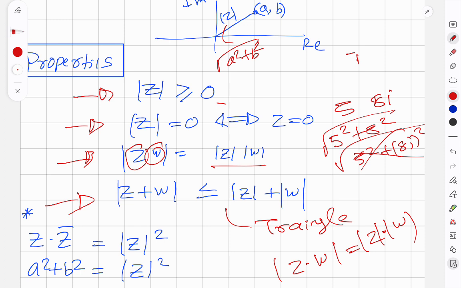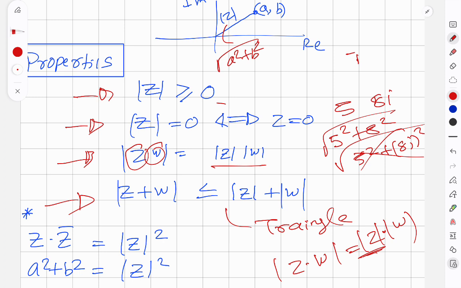We have a definition for the modulus. You can verify it with 5 plus 8i and 6 plus 9i: if you take the modulus of the product, it will be equivalent to the product of the moduli. You can verify and let me know. First multiply, then you get a complex number, then you take the square of this and equate with that.